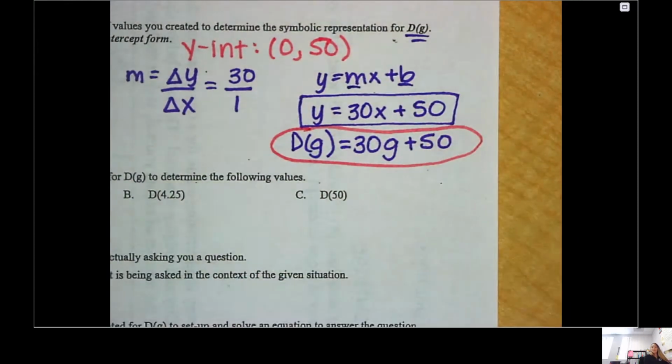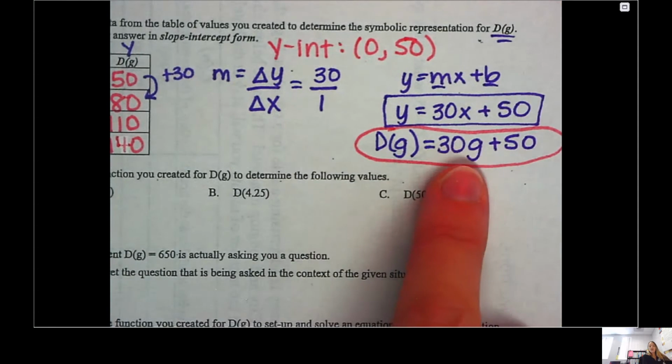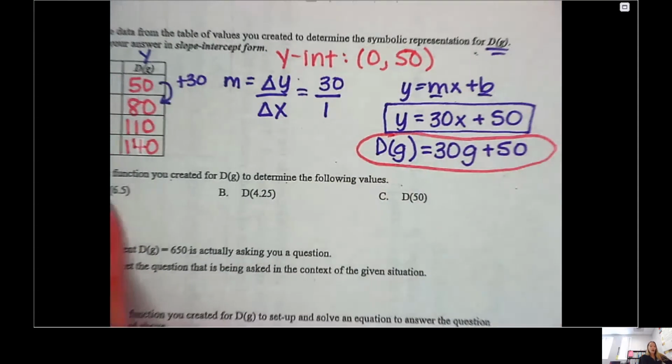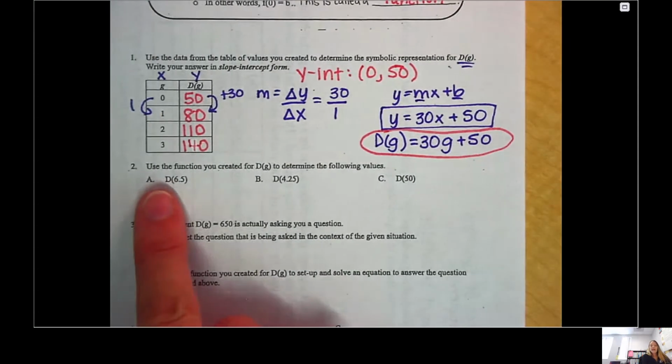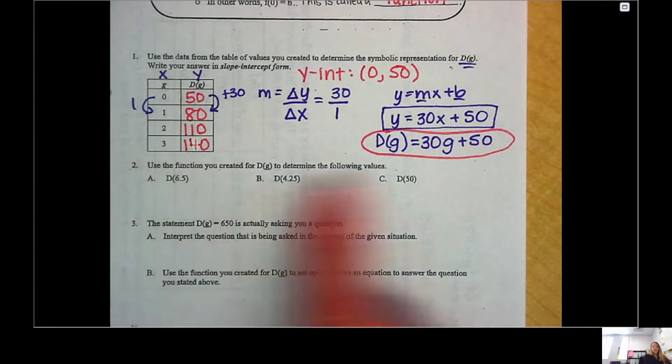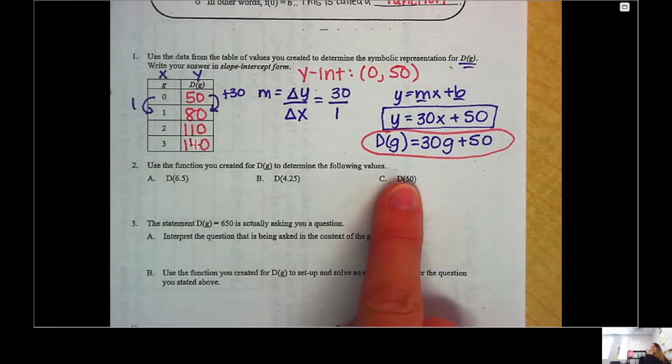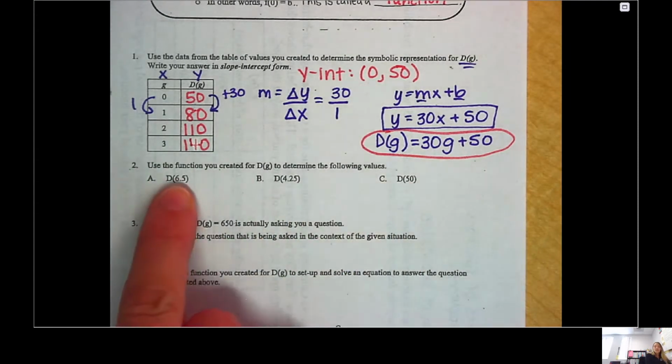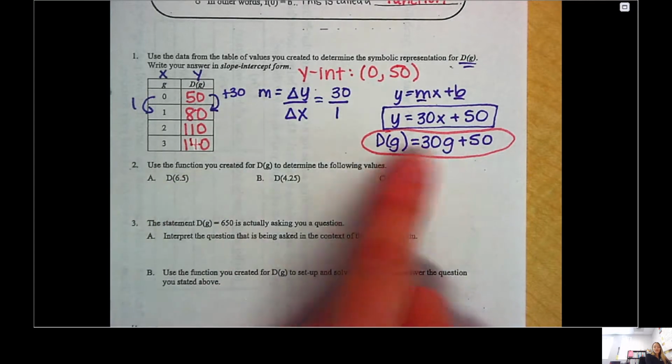Equation of a function. Okay, so now we have exact numbers, which means we don't have to guess anymore. So now what I'd like you to do is, using this equation, I want you to do number 2. I want you to determine the exact numbers for these three, which just means you're going to plug in the number 6.5 for your g.